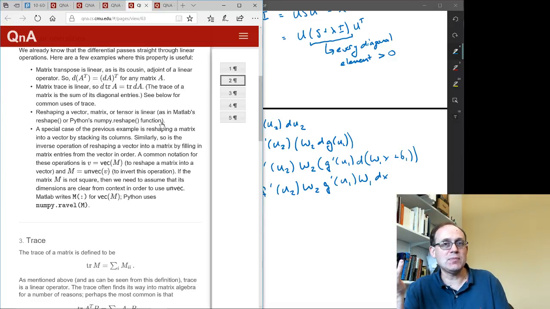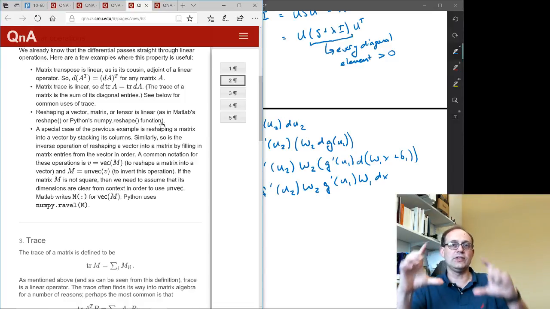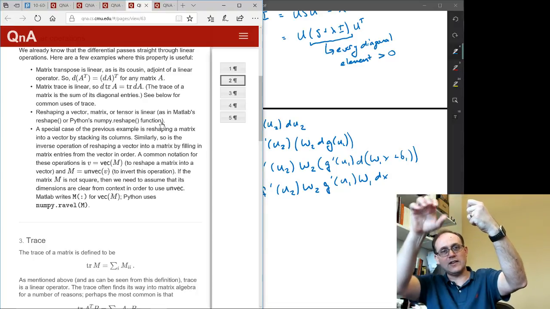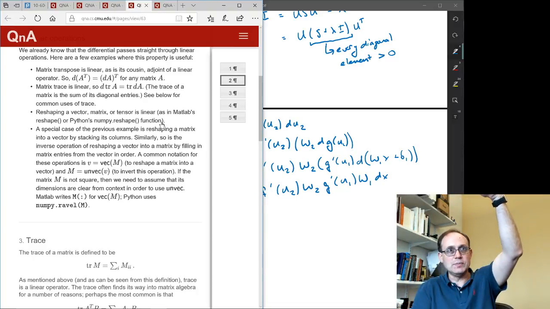Maybe the most common way to reshape something is to take a matrix and string it out as a vector by stacking all of its columns together. So you take a square matrix and you pull off its first column, and then the second column and stick it there, and the third column and stick it there, into a big long vector.